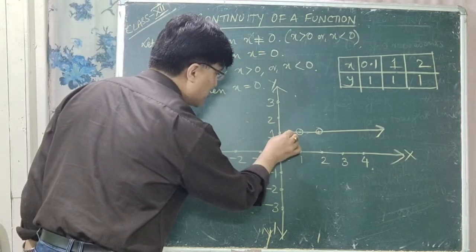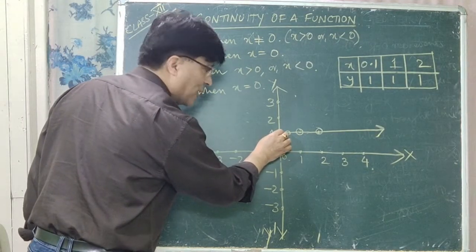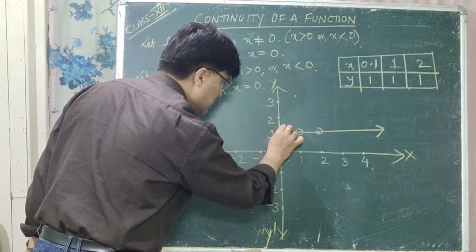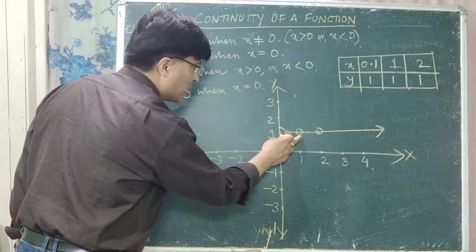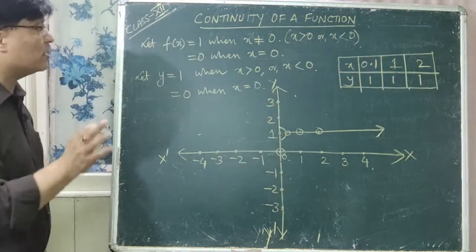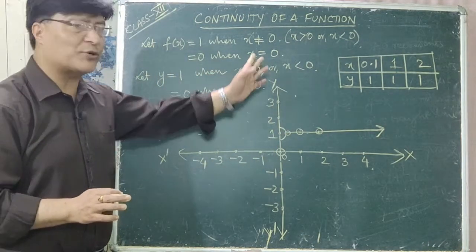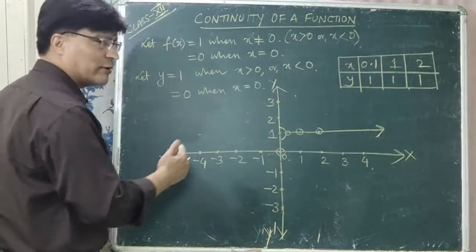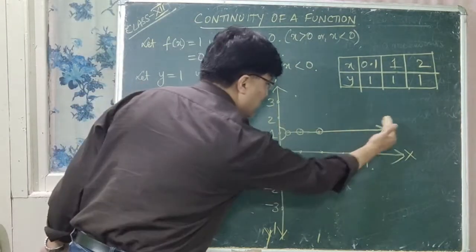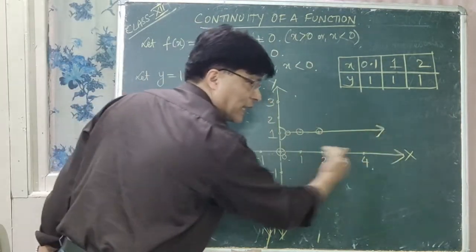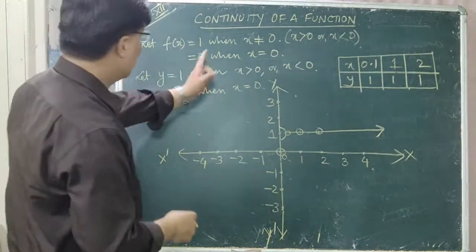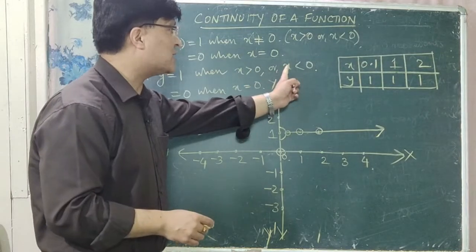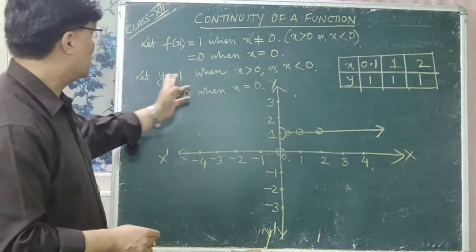So in this case, you will draw like this. This straight line will not touch the y-axis, because x is strictly greater than 0, which means you have to draw a straight line on the right side of y-axis. Is it clear now?